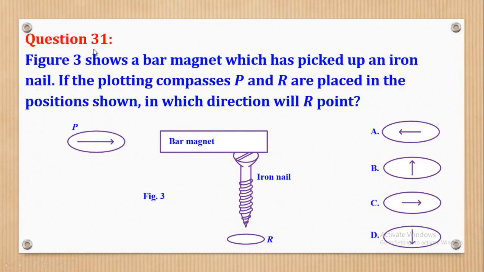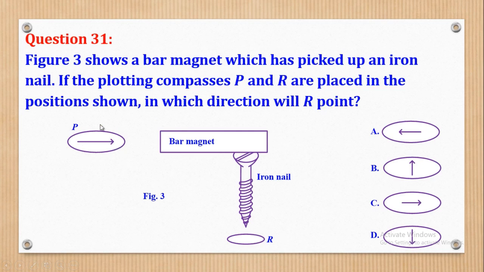So we shall start with question 31. It says that figure 3 shows a bar magnet which has picked up an iron nail. If the plotting compasses P and R are placed in the positions shown, in which direction will R point?